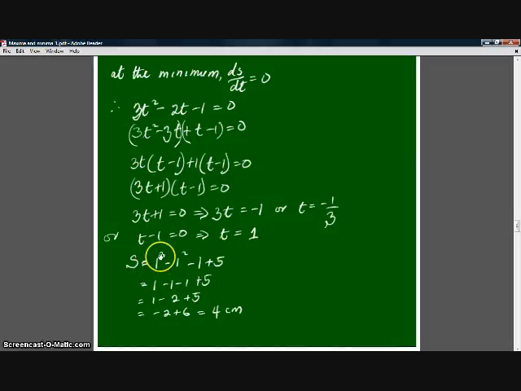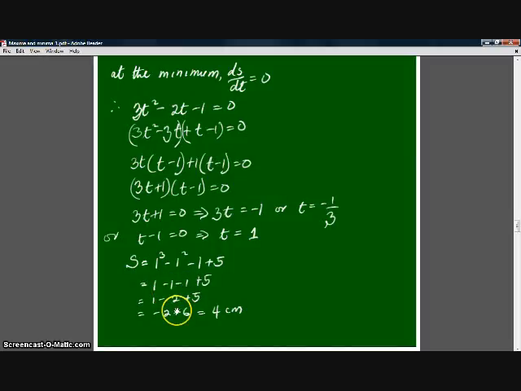So s is equal to 1 raised to power 3 minus 1 raised to power 2 minus 1 plus 5. 1 raised to power 3 is 1. 1 squared is 1. And you have this minus 1 here and plus 5. So you can collect the like terms to make things simple, or you can further simplify.